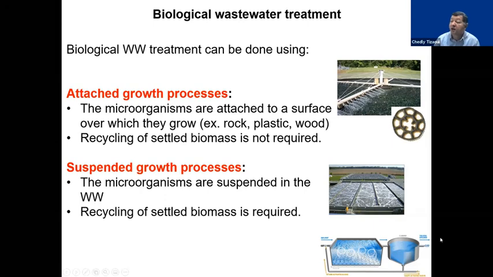If you have a rock, you could imagine all that volume is occupied and the only surface available is the outside surface. But with this one, you provide a much larger surface area. And these processes are surface processes, so you have interest to increase the surface area. So that's the attached growth type of process.